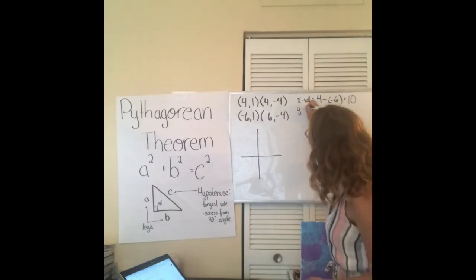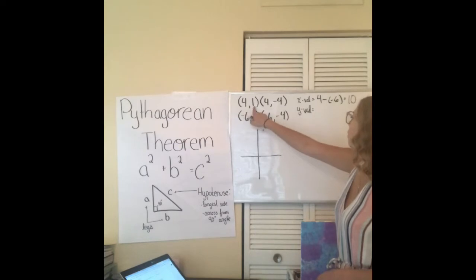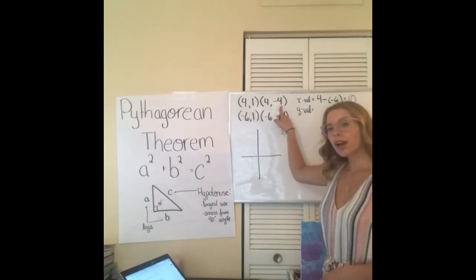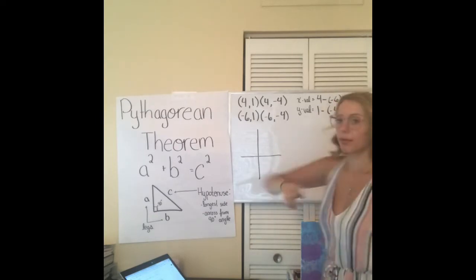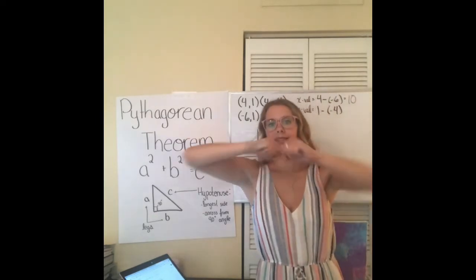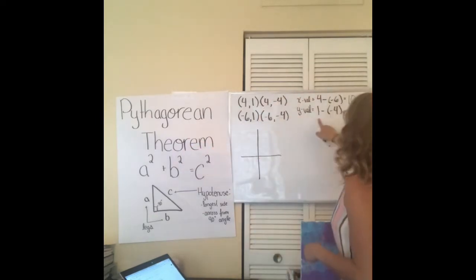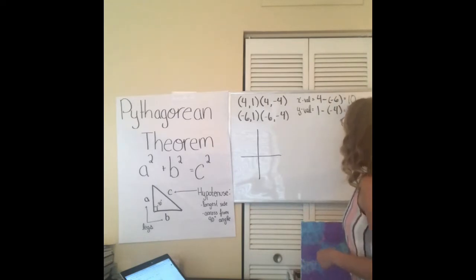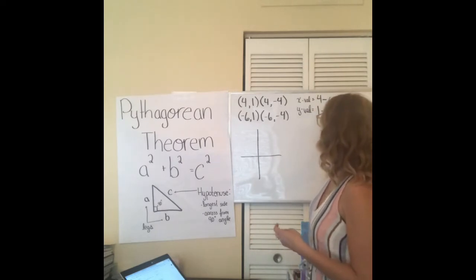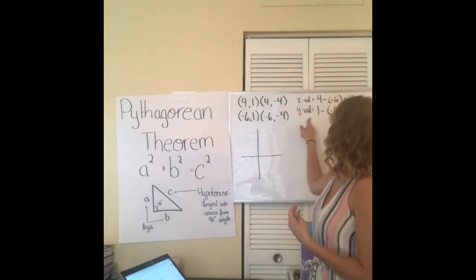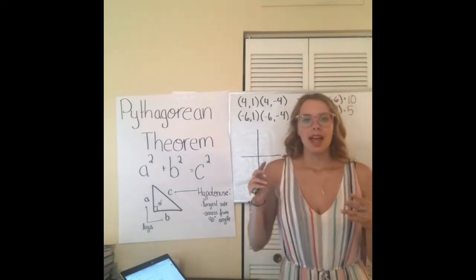And the difference between my y values is 1 and -4, and 1 minus -4. Remember, a negative minus is a positive, so we end up with 5. So the distance between my x values is 10, the distance between my y values is 5.